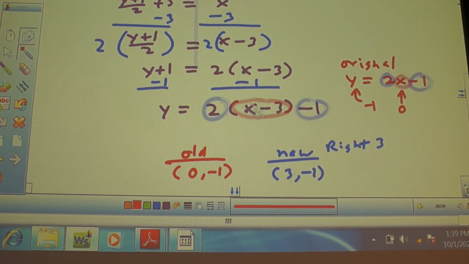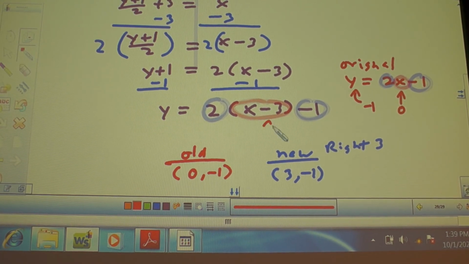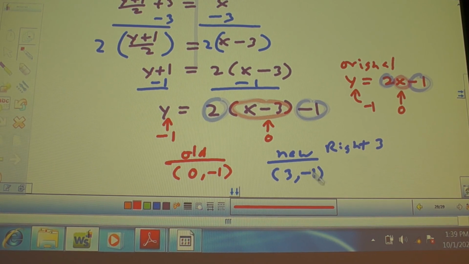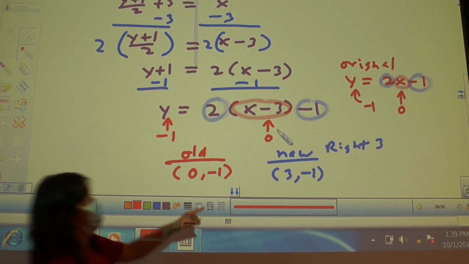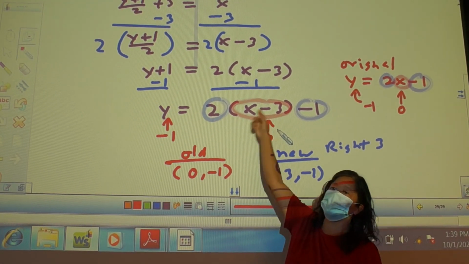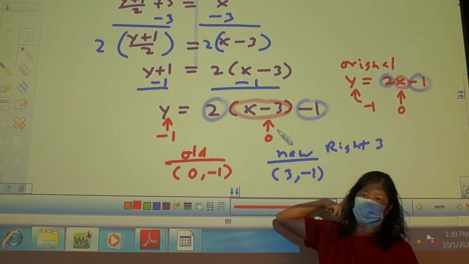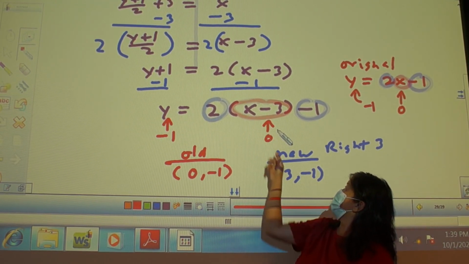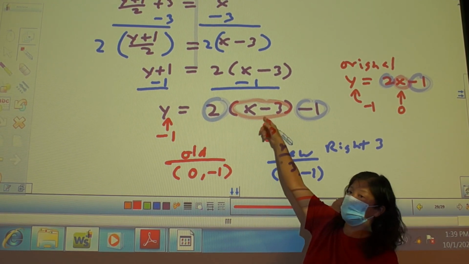So this whole part here needs to be 0 in order for this to be negative 1. So how does this part become 0? When x is 3. Right? So when my x is 3, then this still stays at 0. So that's why I have to do whatever the x is minus whatever the shift to the right is.